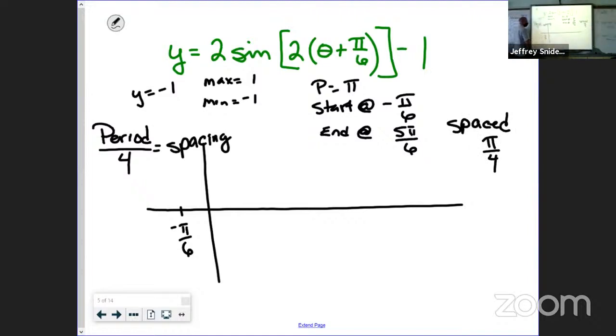Okay, great. How does that help me? Well, what would I have to do? I have to be able to add fractions. That is basically what I have to be able to do. I need to get my next spot over here, I have to take -pi/6 and add pi/4 to that. That's what I literally would have to do. And in order to add those fractions, you have to have a common denominator. In this case, the lowest one is 12. This would become -2pi/12.